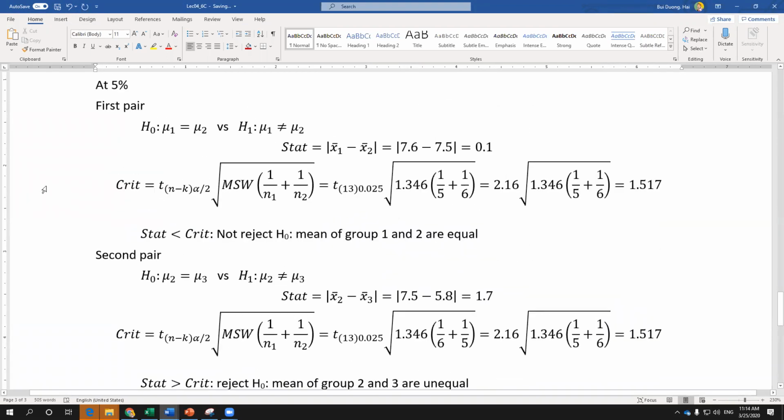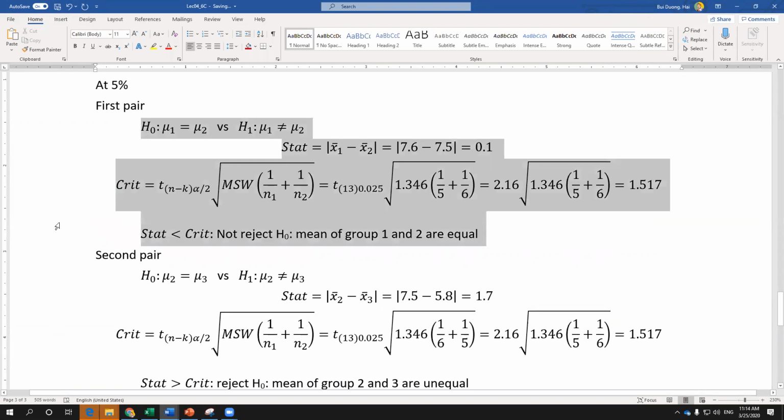Now the same, but different in critical value.